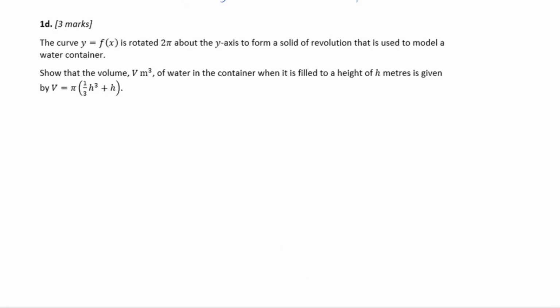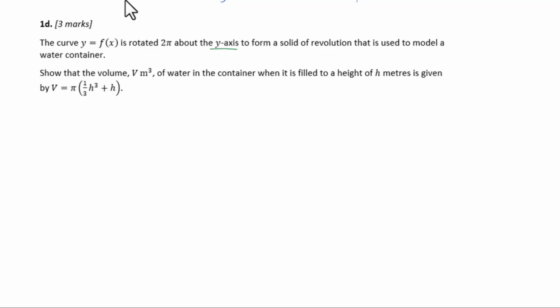Let's go to 1d. The curve y equals f of x is rotated 2 pi around the y-axis to form a solid of revolution that is used to model a water container.